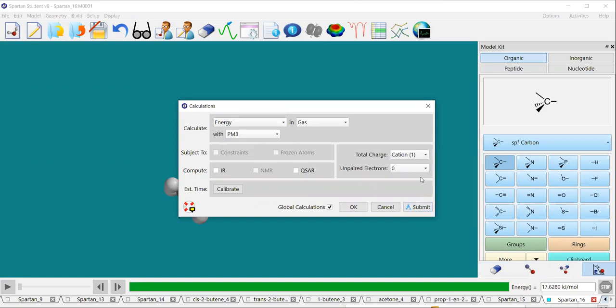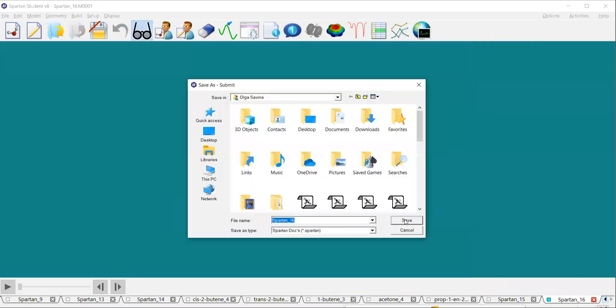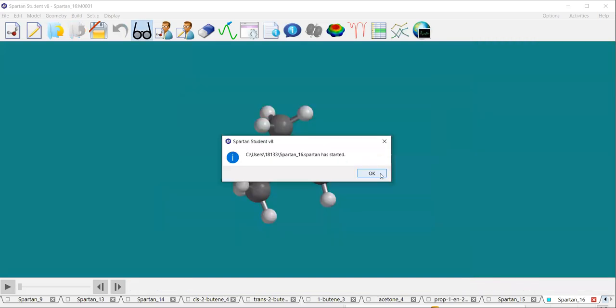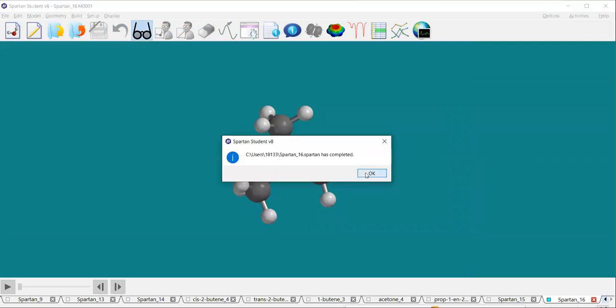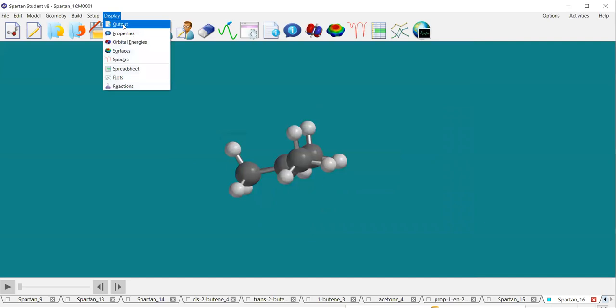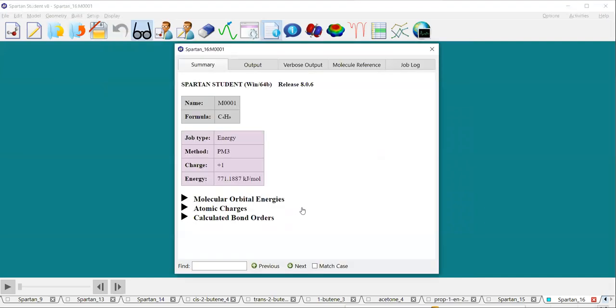Charge is positive. Waiting. Display. It is 771.1887 kilojoules per mole.